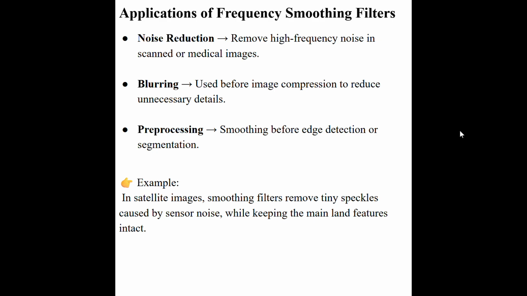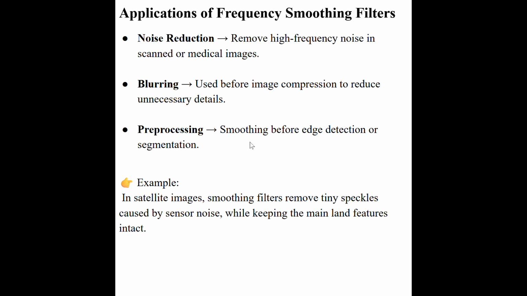Okay, the same slide is there. Noise reduction deals with removing the high frequency noise, for example in your scanned images or medical images. Blurring is used before the image compression, to reduce the unnecessary details.